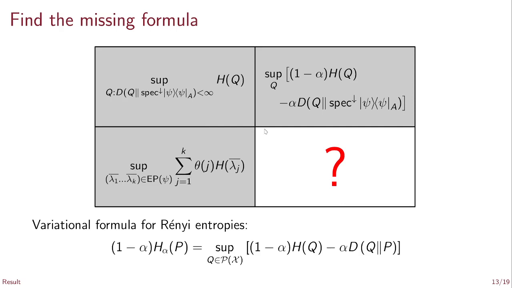If we look at these formulas, it suggests a common generalization that should look like this: maybe we should replace this H(Q) here by a convex combination of entropies, and we need some kind of quantity here which measures again the distance from these lambdas from the spectrum of each of the marginals at the same time.